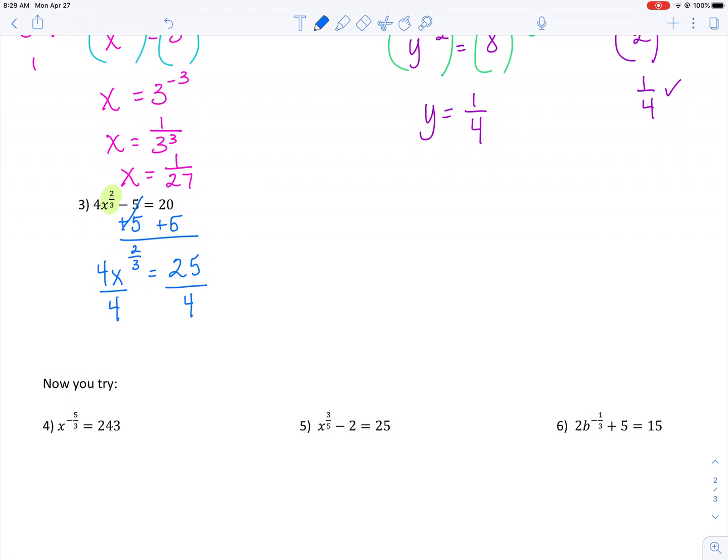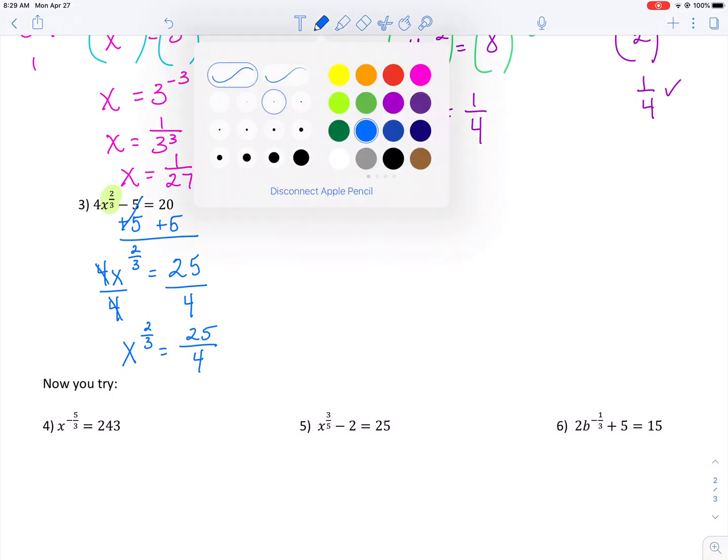Now when you're looking at this and you're saying to yourself, okay, I divide by 4, 25 doesn't go in really nicely to 4. That's okay. You're going to leave it. x to the 2/3 equals 25/4. If you don't get a nice number, just leave it as that improper fraction.